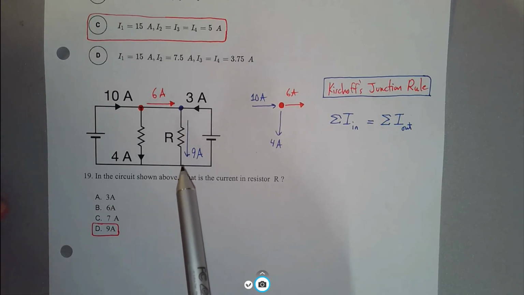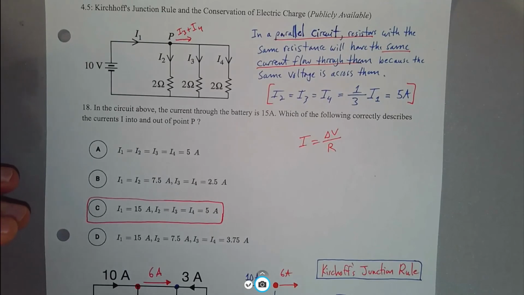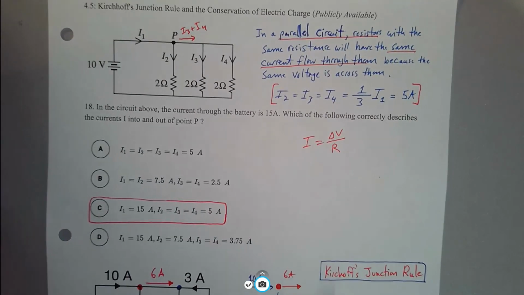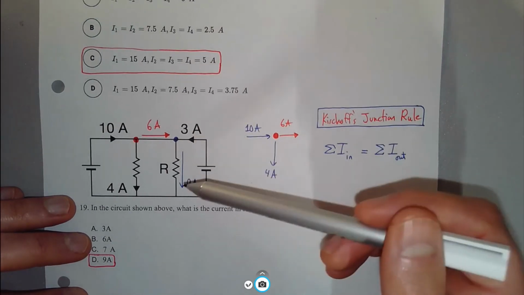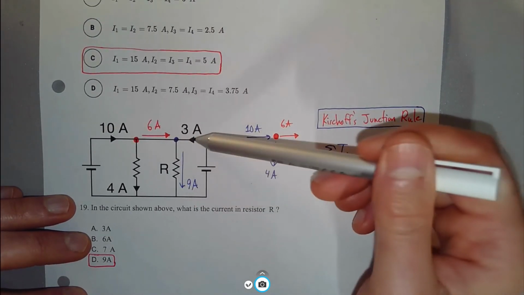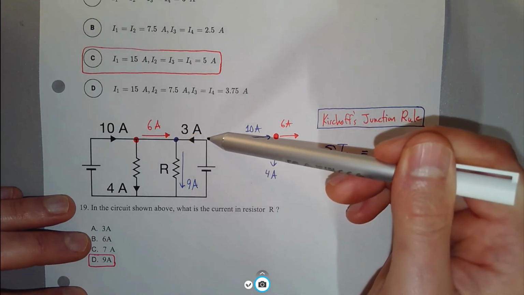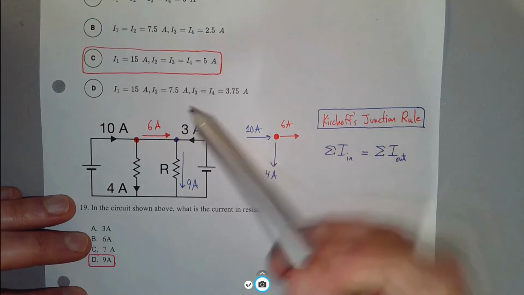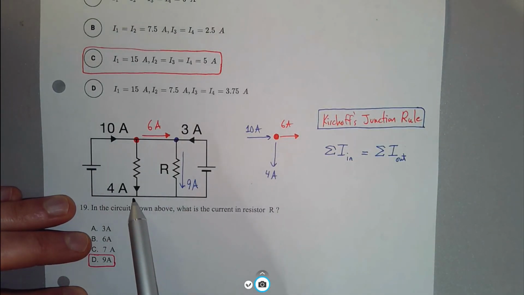So this is a Kirchhoff's junction rule question, just like the last one. The current coming into a junction has to equal the current coming out of a junction. It's asking about the current going through R, and it shows there's 3 amps of current coming into this blue junction. There's 10 amps going here, and 4 amps coming down here.